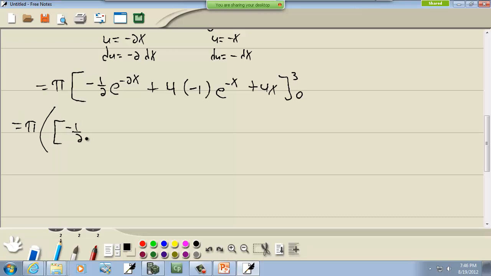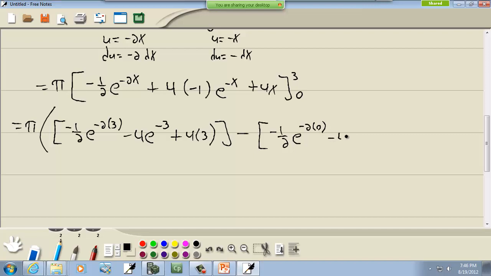So I have negative 1/2 e to the negative 2 times 3 minus 4e to the negative 3 plus 4 times 3, minus negative 1/2 e to the negative 2 times 0 minus 4e to the negative 0 plus 4 times 0.